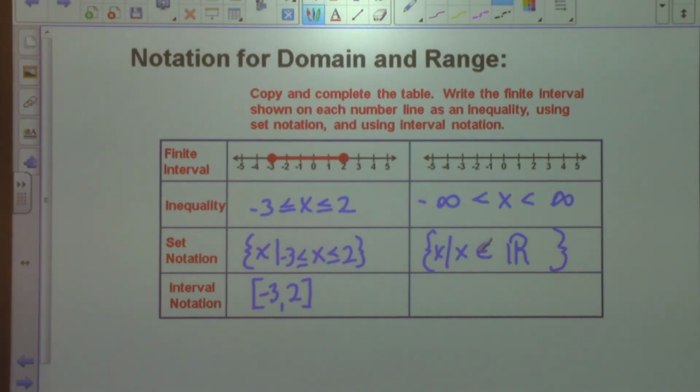Have you ever seen notation like this before? Atlee in 7th period was telling me that she was introduced to this by Miss Tubbs. Have you seen that before, Gabby? No, I'm familiar, but I was not sure. Well, Atlee remembered it from 7th period. So this thing means x is an element of.